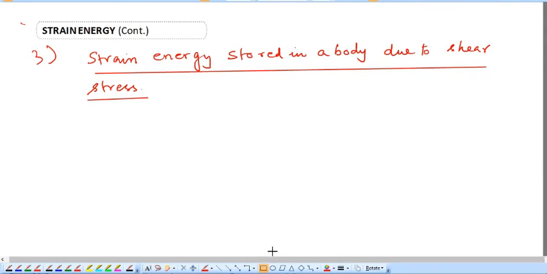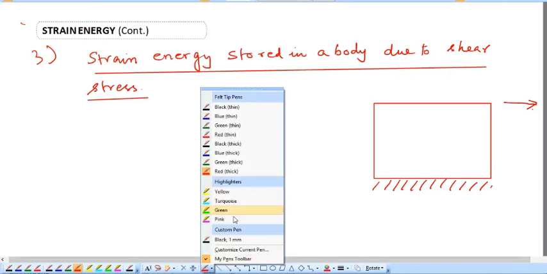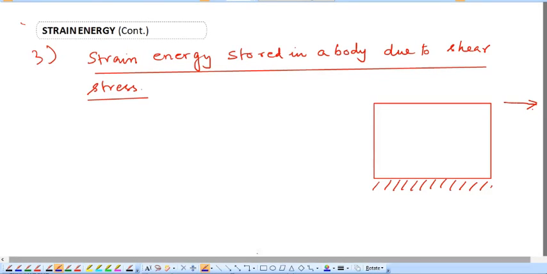For understanding this, you consider a figure like this, which is fixed at the bottom, and you are applying a pulling force from left to right. So the body gets deformed, and the final position will be like this.